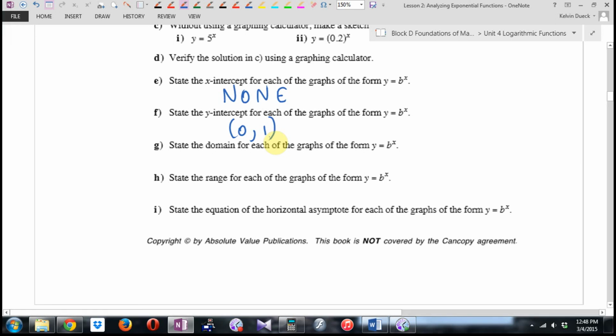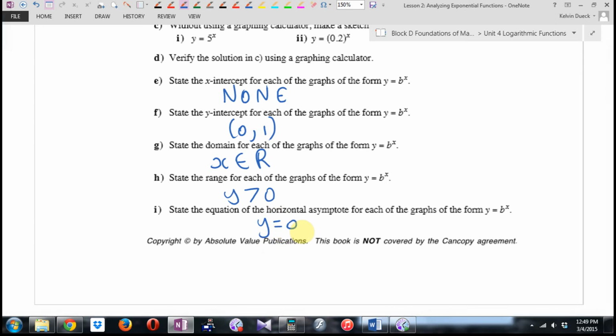What's the domain for any exponential function? What's the range for any exponential function? What's the equation of the asymptote? It gets closer and closer to a height of 0, but it's much easier, instead of writing the word height, to use the letter y equals 0.